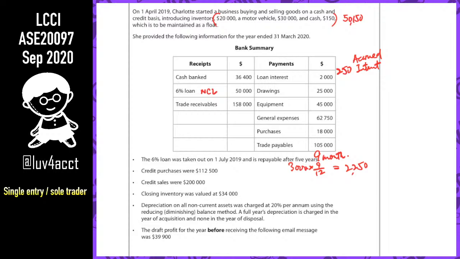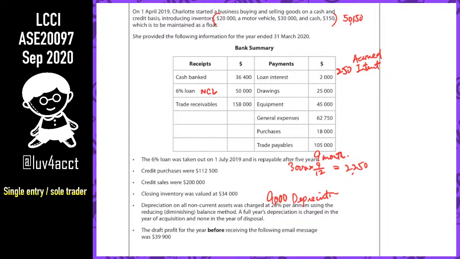Full year depreciation charge in the year of acquisition, none in the year of disposal. So equipment 45,000, 20% being 9,000 depreciation for the year.